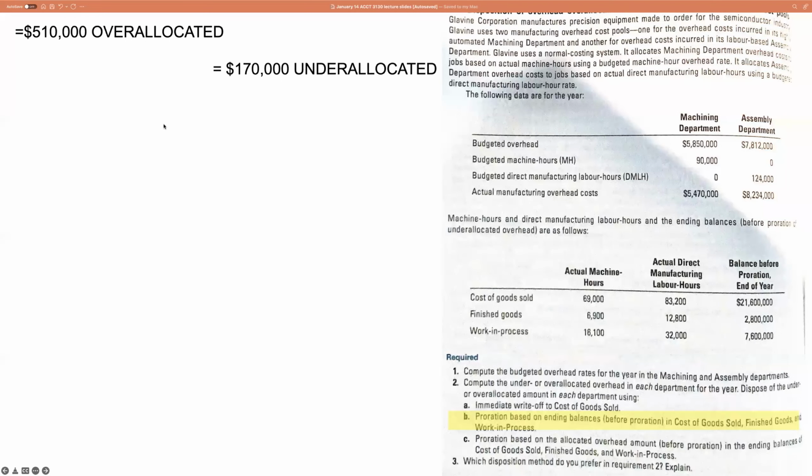That's the information we already have. This time, instead of directly writing off to the cost of goods sold, we are going to allocate this across the 3 accounts: cost of goods sold, finished goods, work in process. In the first approach, what we just did is we dumped everything to cost of goods sold, right?